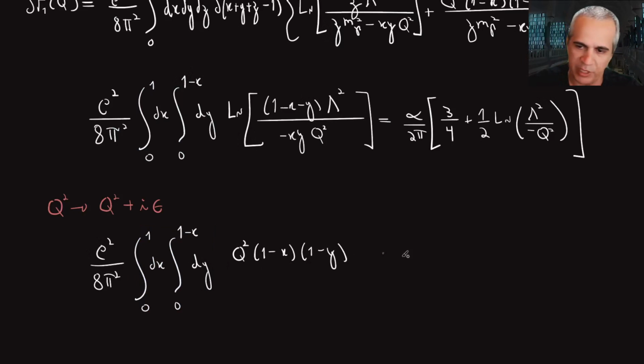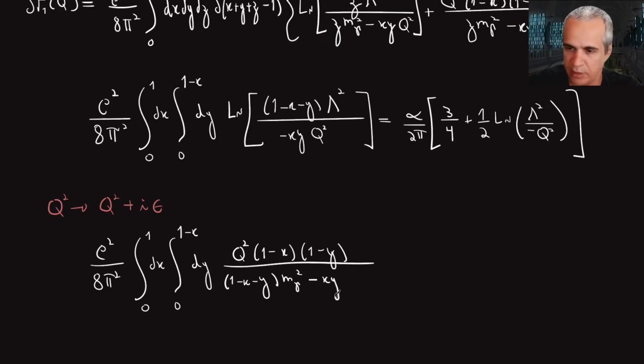I'm not putting i epsilon in the numerator because it doesn't matter. It's only on the denominator that is important. M gamma square minus xy q square. And since we have a minus here, I'll have a minus i epsilon here. Right? And this integral is doable.